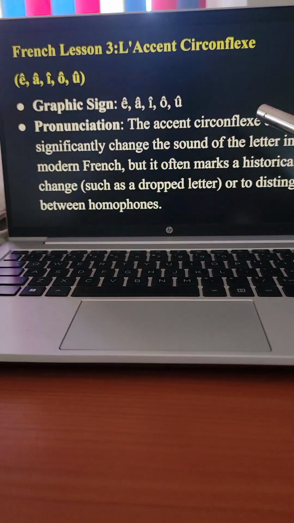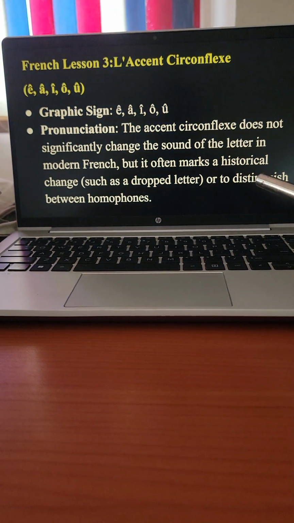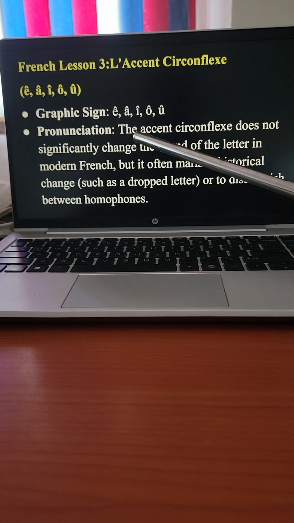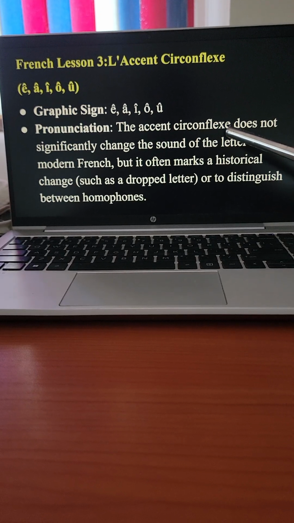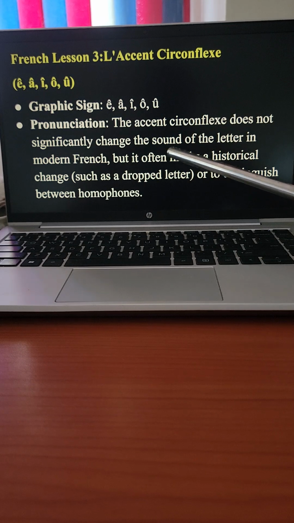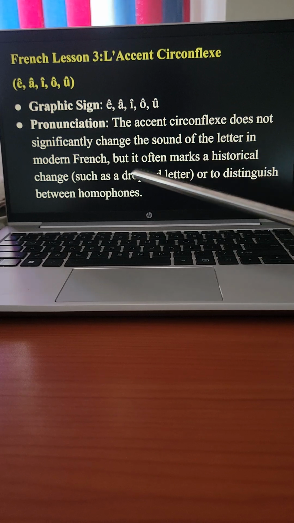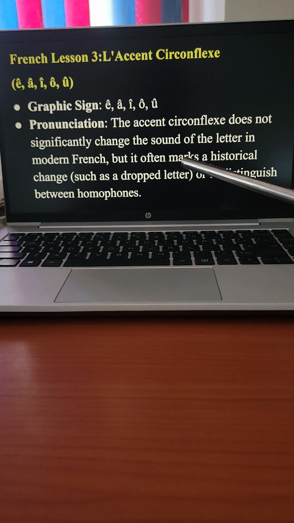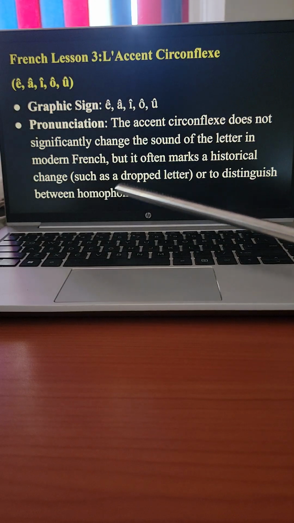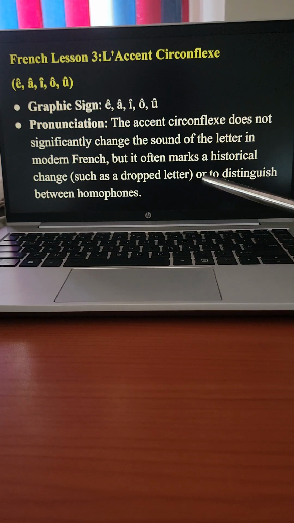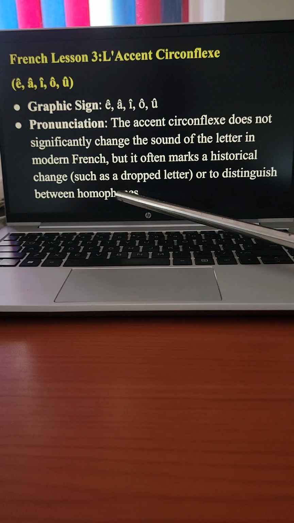So pronunciation, I want to zoom so that you can see everything clearly. You can see, guys, the accent circumflex does not significantly change the sound of the letter in modern French, but it often marks a historical change, such as a dropped letter, or distinguishes between homophones.